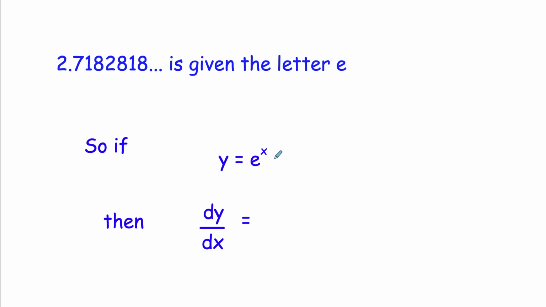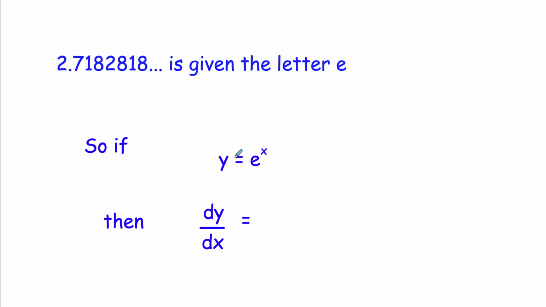It's because its gradient increases at the same rate as itself. We talk about gradients being the rate of change. The rate of change of y is equal to the values of y themselves.